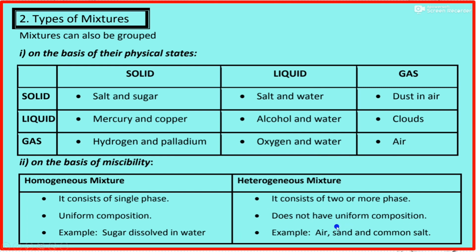Then on the basis of miscibility, we can divide them into homogeneous and heterogeneous. Homogeneous consists of a single phase, and heterogeneous consists of two or more phases. In homogeneous, there is uniform composition, and heterogeneous does not have uniform composition. Uniform composition means in every part of the mixture there is the same proportion of its components.